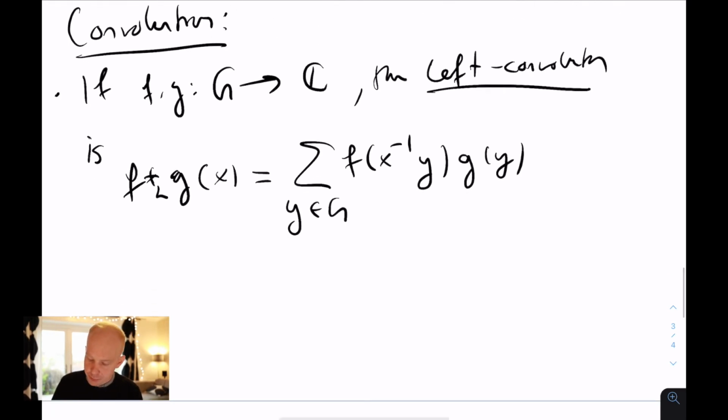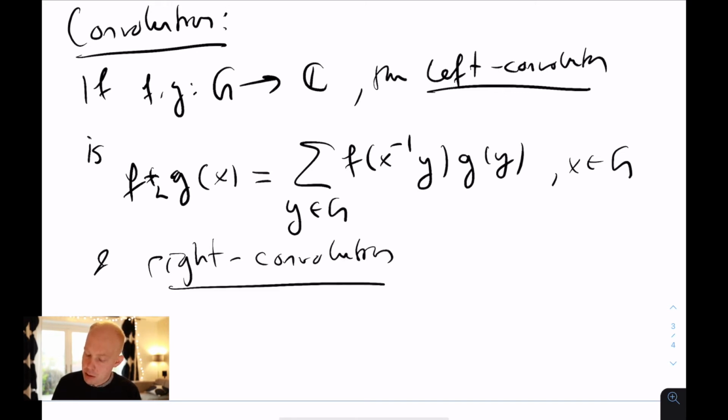Then the right convolution, f star_R g at x, is taking it from the right instead.